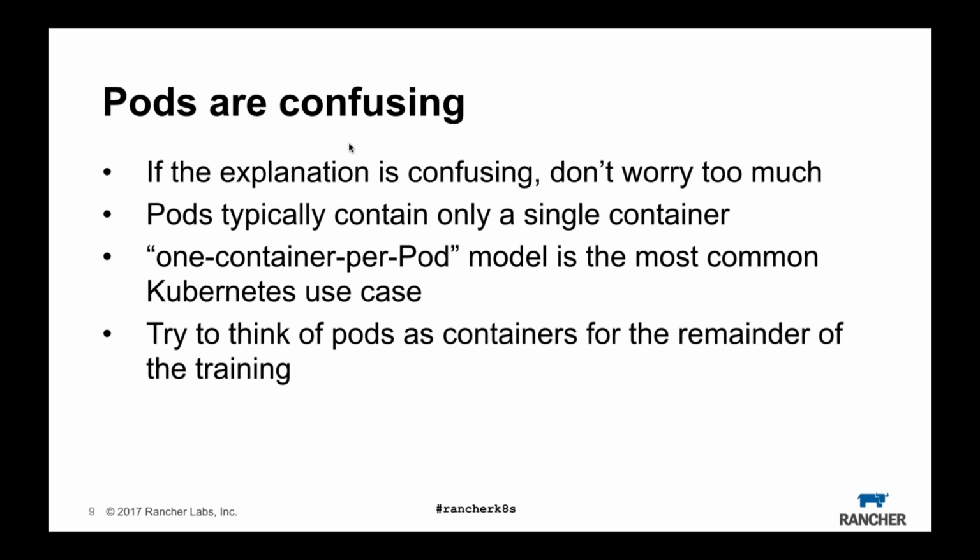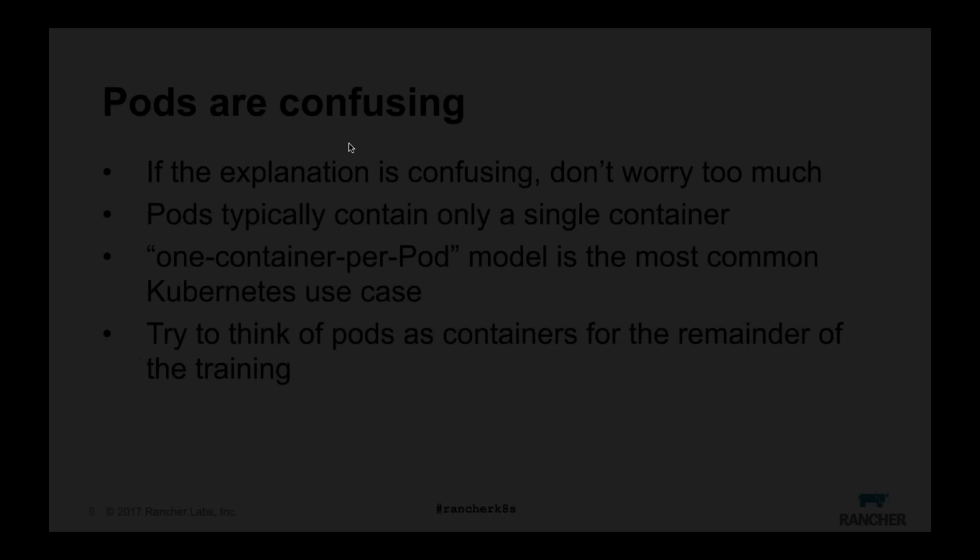Since pods can contain more than one container, this concept can get a little confusing, but we don't need to worry about that because most Kubernetes use cases typically have only one container per pod. So we are just going to use pods that run a single container per pod for the purpose of this training session.